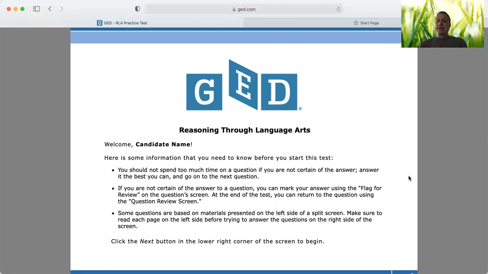If you are not certain on the answer, you want to make an educated guess. You do not want to sit there too long and go back and forth with certain questions. You can flag them just like we did with our other components with the science and the math, like we said, and then come back to it later.